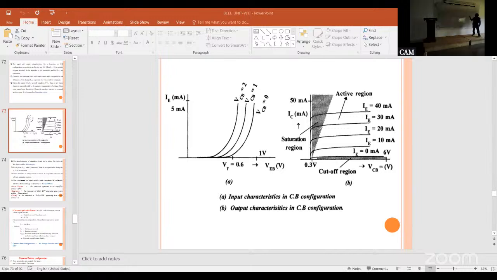Whenever emitter current IE is 0, the collector current region is known as the cutoff region.